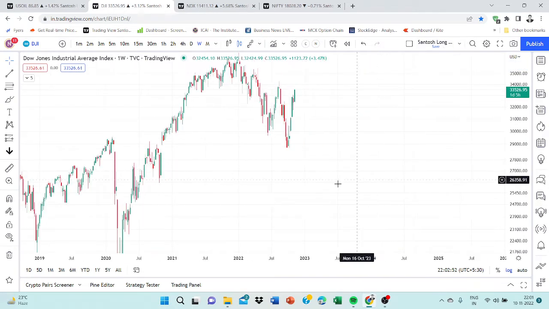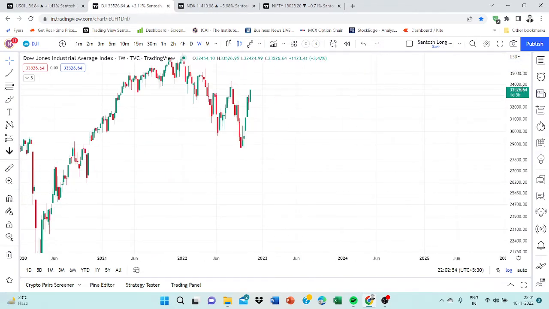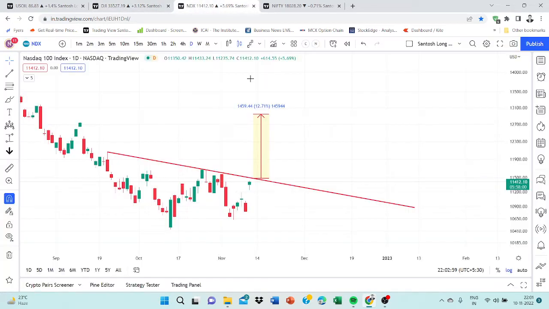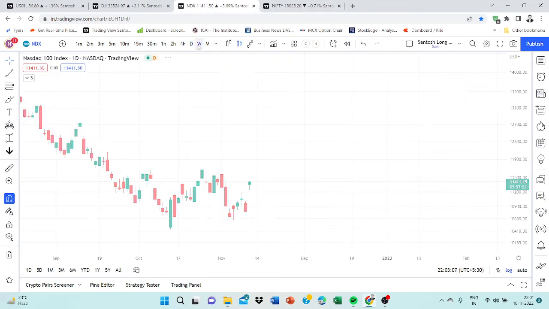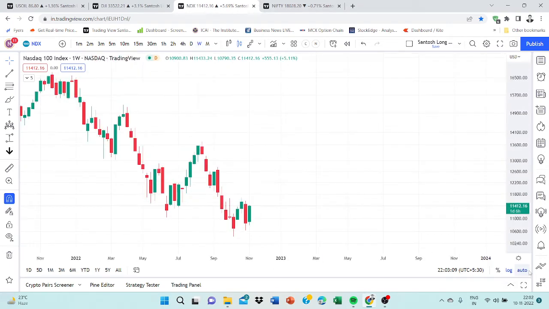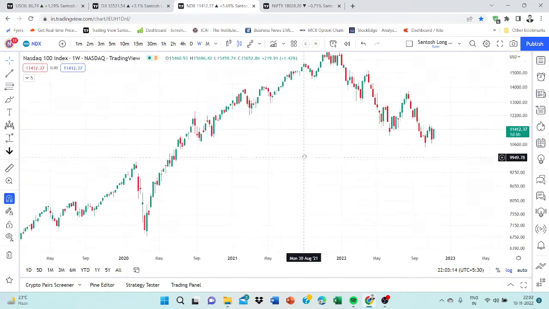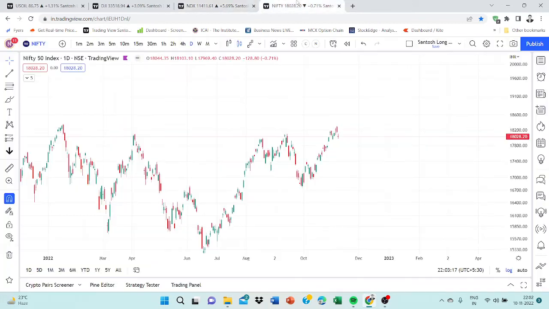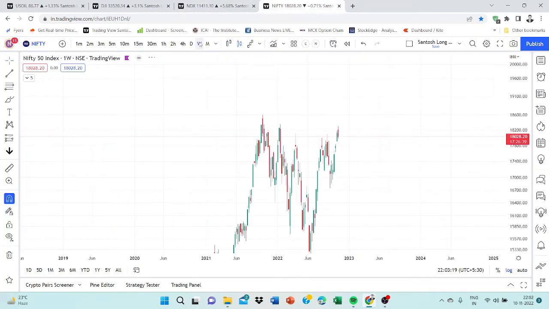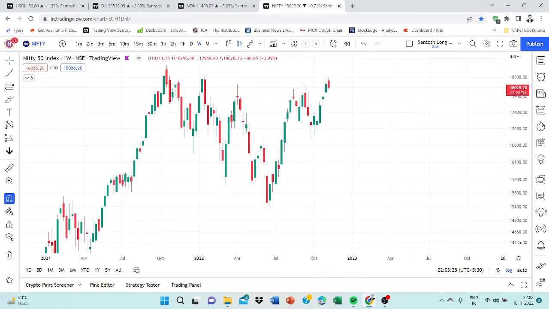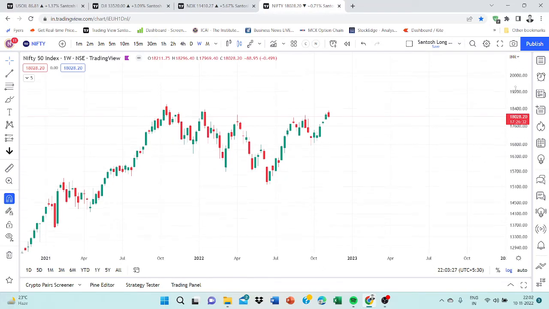Let me remove this also. This is the weekly chart of Dow Jones. Removing this as well. This is the weekly chart of Nasdaq, as you can see. And this is the weekly chart of Nifty. Now, what is the basic difference you are observing here?